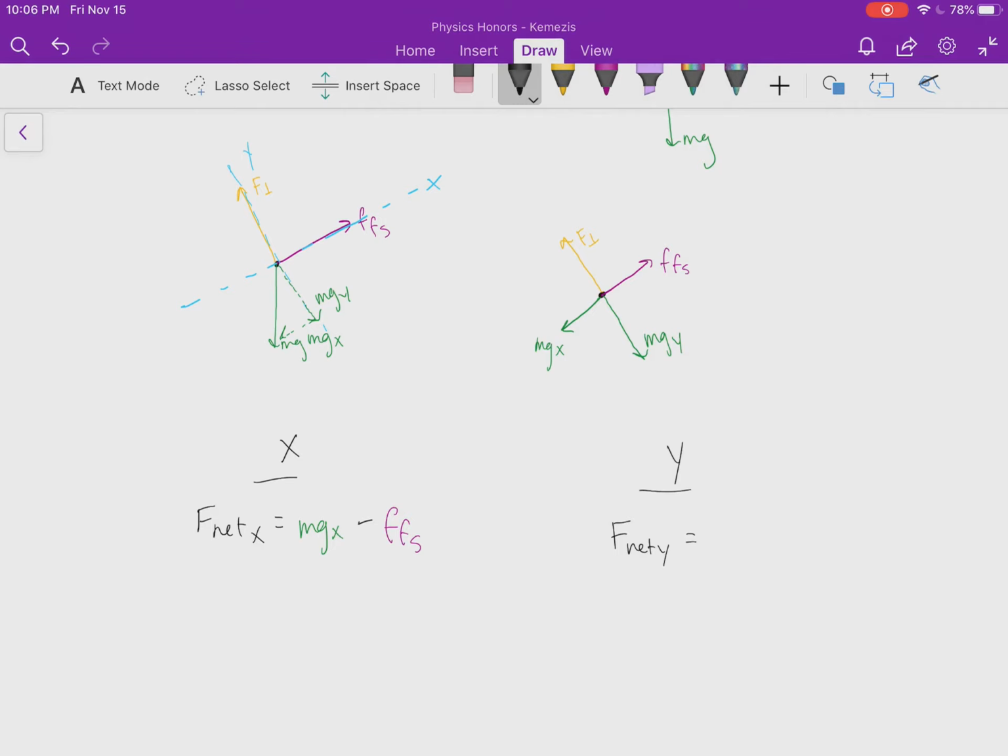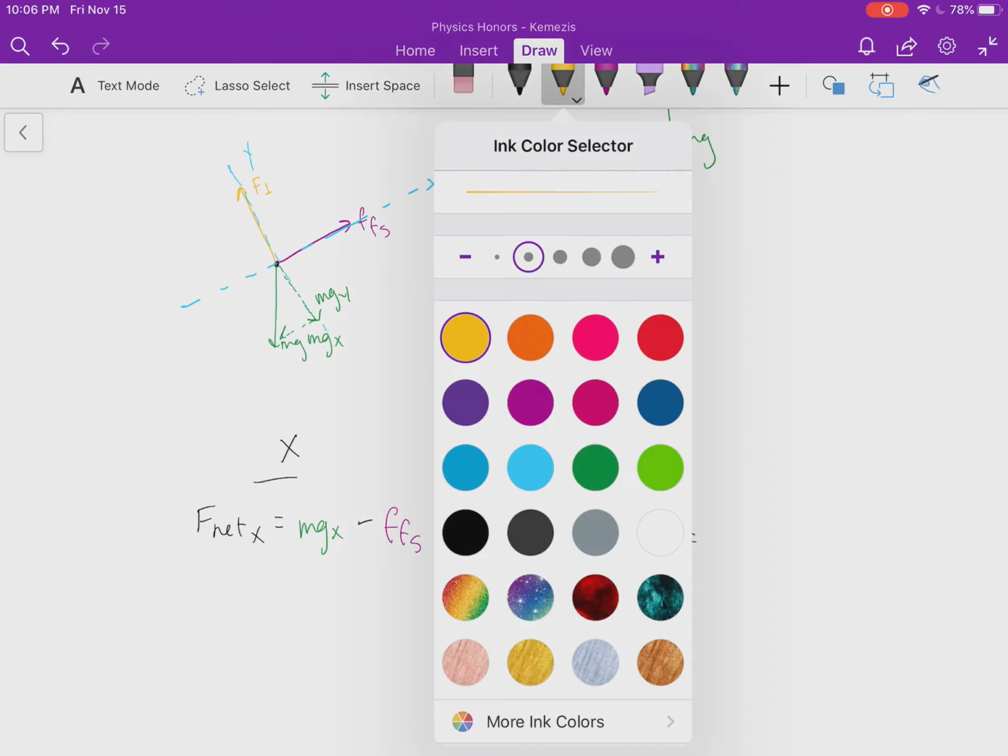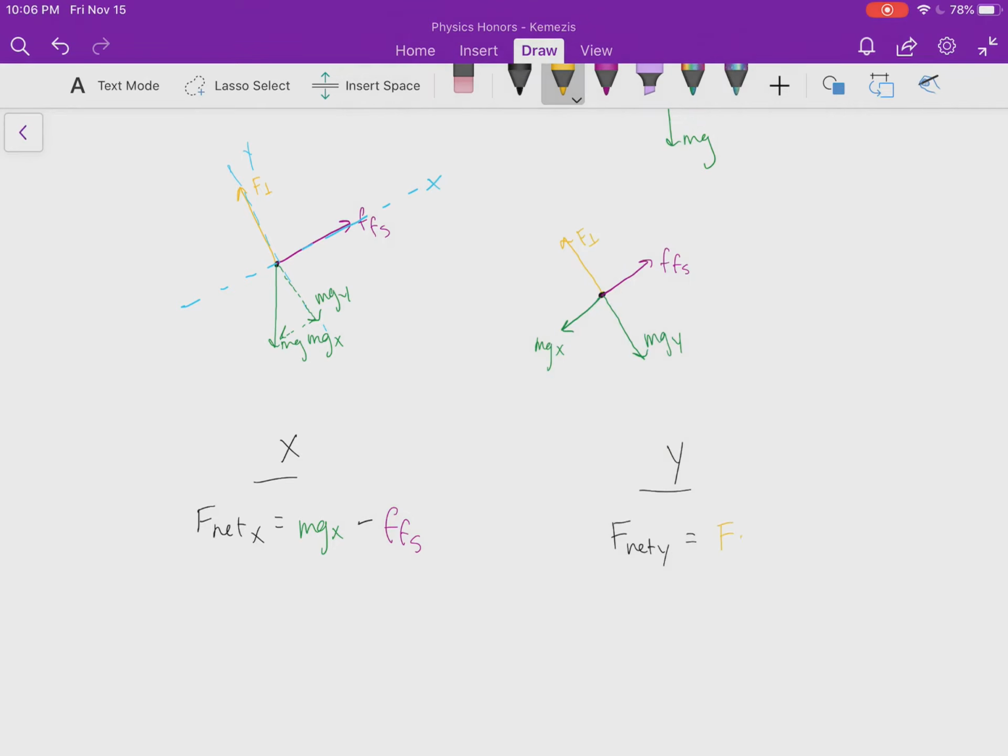Okay, and then we have F net Y is equal to normal force minus the mgy component. And we just said that these are going to be equal to 0 because the acceleration is 0.